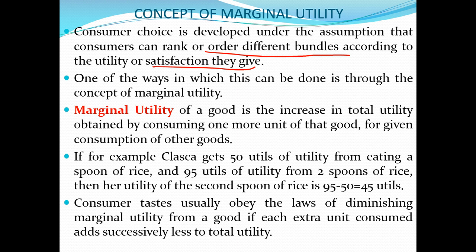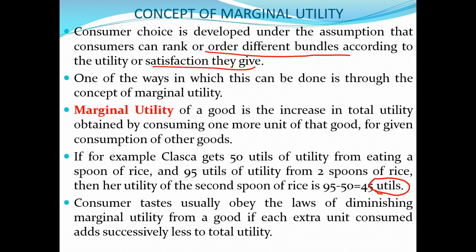Basically, this thing called utility, if you are analyzing it from the cardinal point of view, has got units. And what are these units? They are what we call utils. So you can say I derive 4 utils, I derive 7 utils from the consumption of this particular commodity. The assumption is that you can measure the level of utility that you are deriving from the consumption of a given commodity.